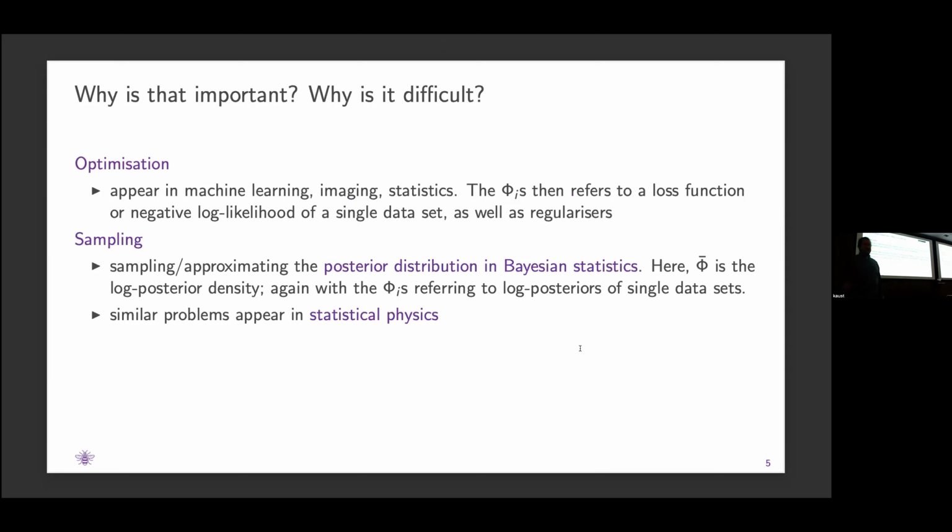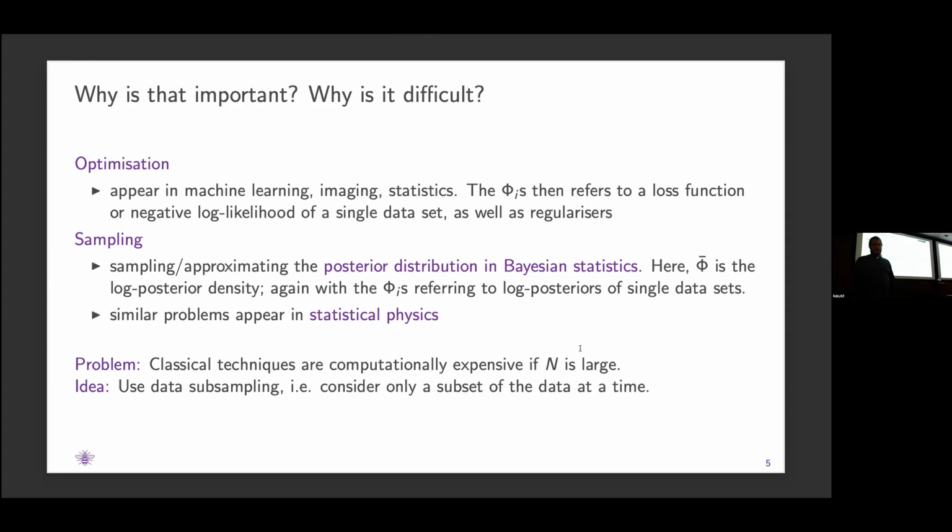In sampling, of course, these phi i's are like negative log likelihoods, and I want to sample a posterior. So pi would be a posterior, and e to the minus the sum of these phi i's would then be many pieces of my negative log likelihoods plus a negative log prior. And I can also find problems like this in statistical physics, but I'm not a physicist, so I wouldn't know much about that.